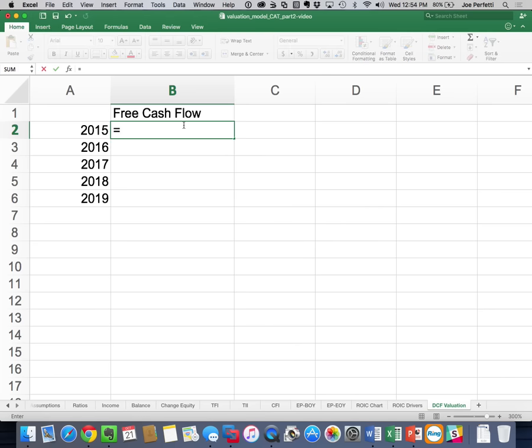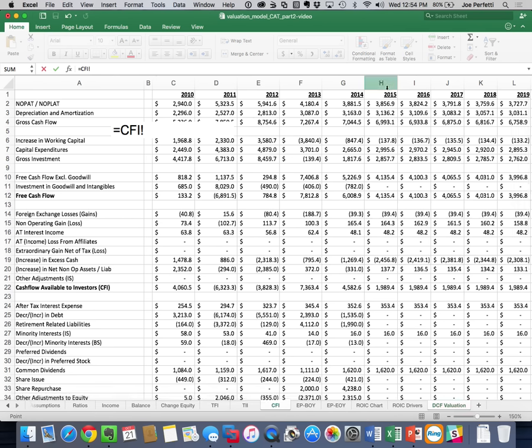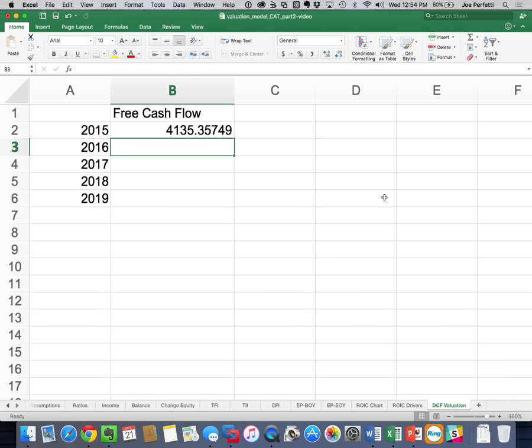So for the free cash flow for 2015, I go to the CFI tab, and I have 2015 free cash flow. H12 was that forecast number. So that's the number I have here.